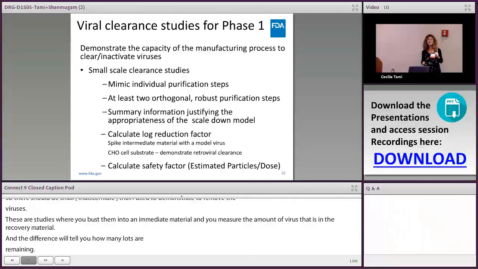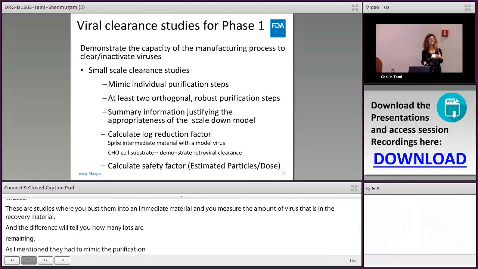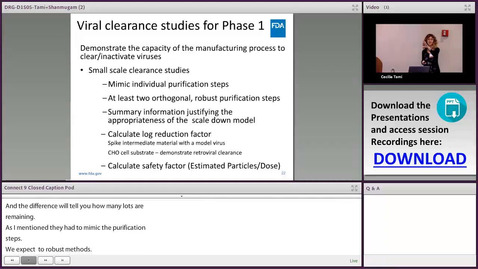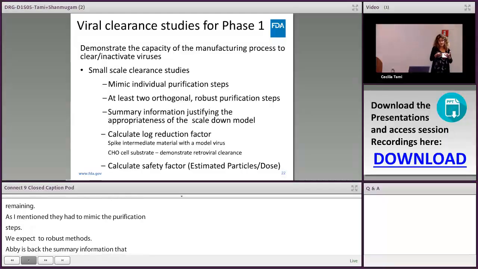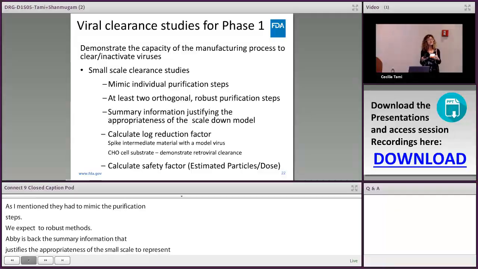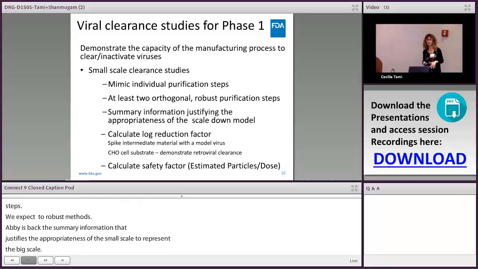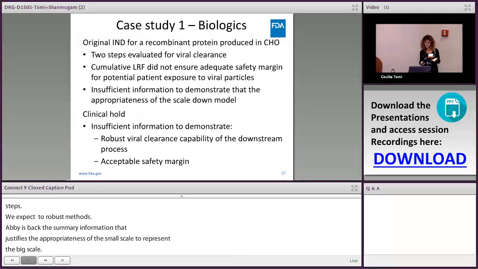And we expect summary information that justifies the adequacy of the small scale to represent the full scale. So we need data to really determine that the results that you got in the small scale apply to the full scale. This information is used to calculate the log reduction factors, how much virus you have at the beginning, how much you have at the end of the process, and then this is also used to calculate the safety factor.